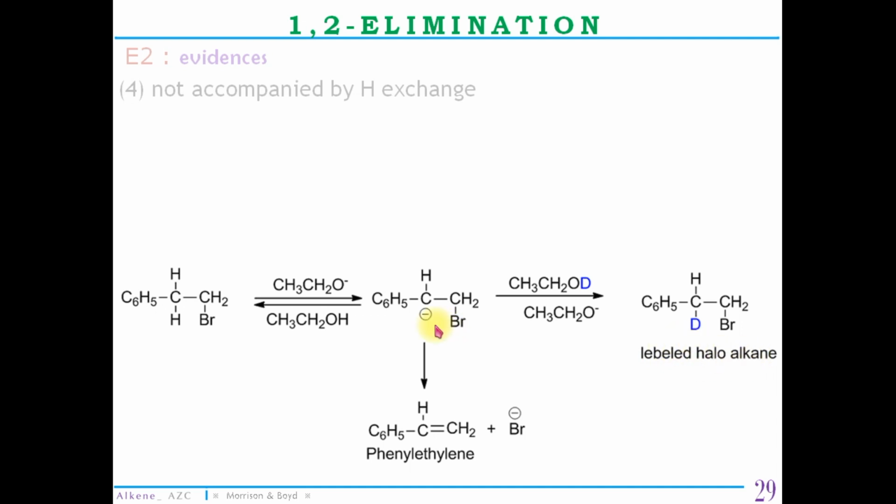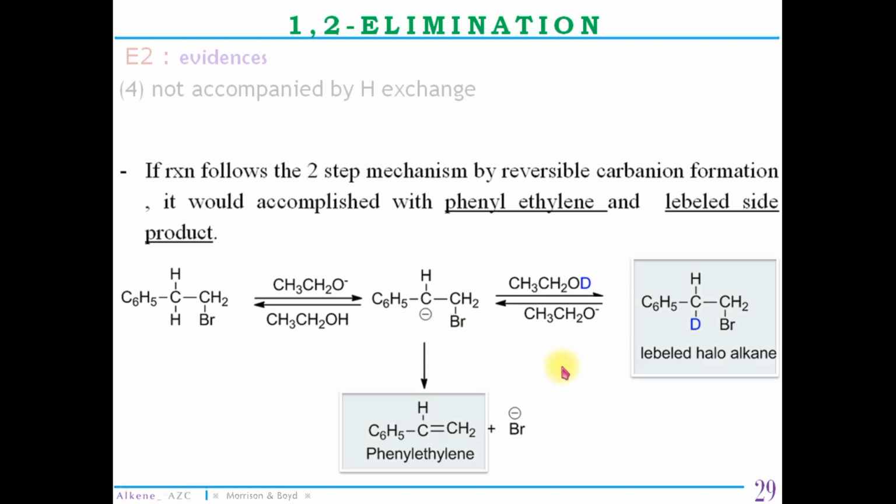So the chance of carbanion formation as an intermediate is there. There is always formation of labeled haloalkane in the reaction mixture, and again conversion of this haloalkane into carbanion is also possible. So if a reaction follows a two-step mechanism by reversible carbanion formation, it would be accompanied by phenyl ethylene and labeled haloalkane as a side product.